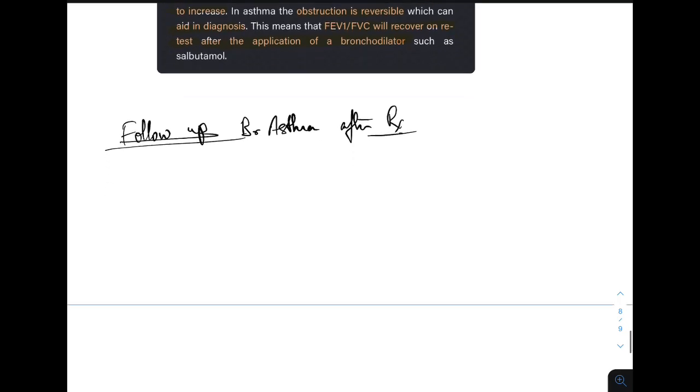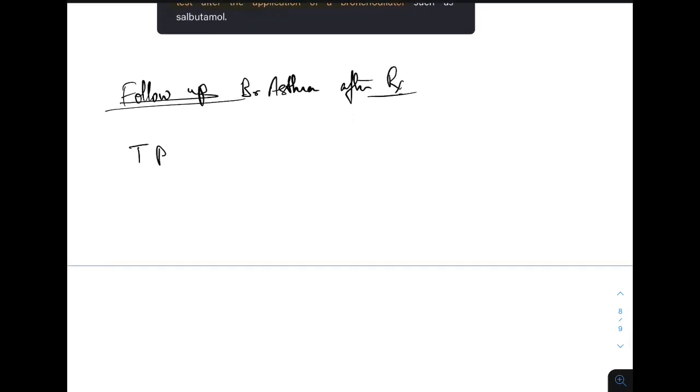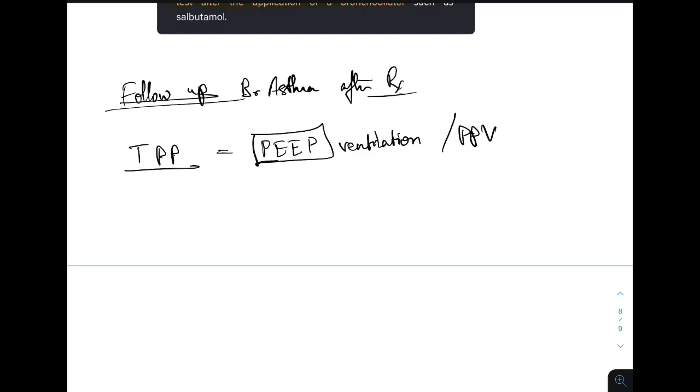And there is an important point about the transpulmonary pressure. This pressure is used for PEEP, positive end expiratory pressure, or PPV, positive pressure ventilation on ventilators. It is used to determine how much pressure you should put. And there is a catch here. The transpulmonary pressure gradient is different.